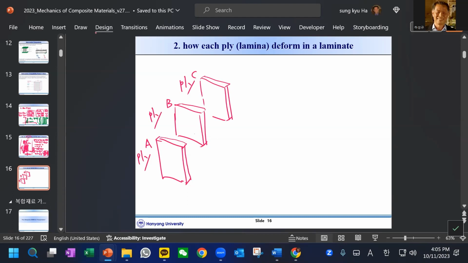And now this is all combined together. We form a laminate. So now laminate means that these are three materials glued together, and this is what we call a laminate.